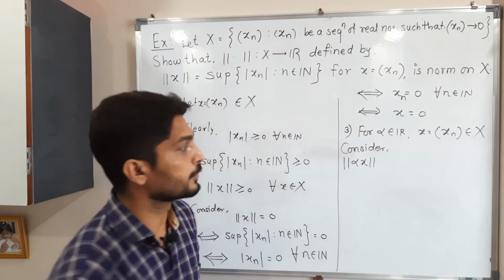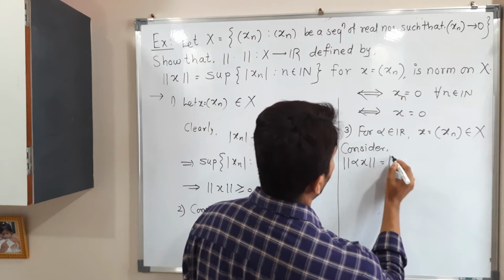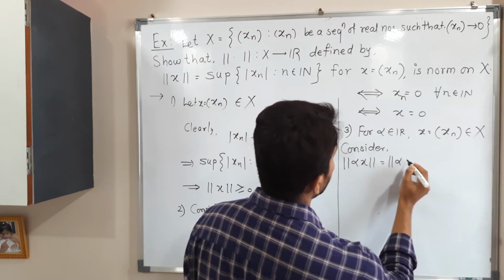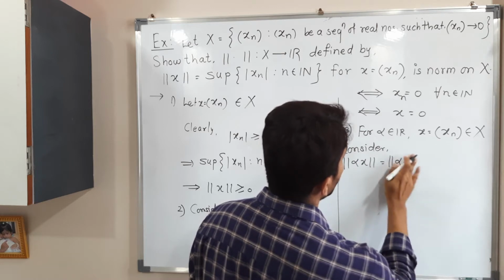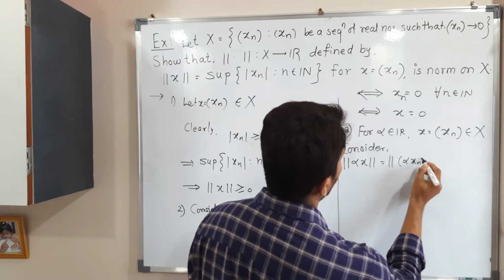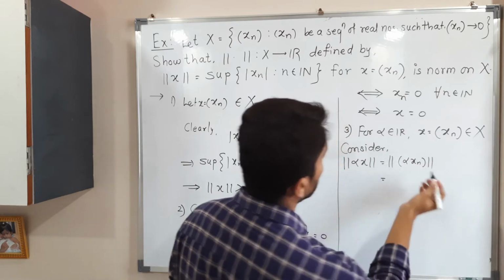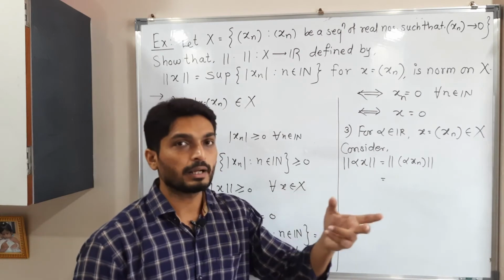Okay, so let us start. So norm of alpha x, where x means x_n actually. Getting? So here we will have x1, x2 and so on. I hope all of you are getting my point. So we will have alpha x_n. If you think about a sequence, that means we have to multiply each term by alpha.